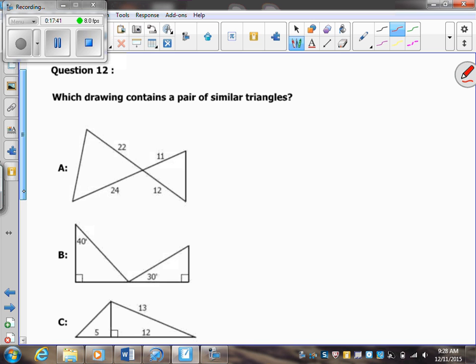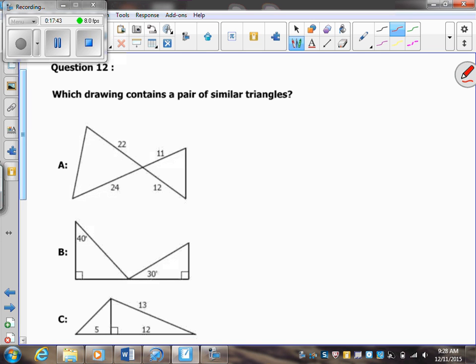Number 12, which drawing contains a pair of similar triangles? For two triangles to be similar, you either need to know angle-angle similarity, side-side-side similarity, or side-angle-side similarity.